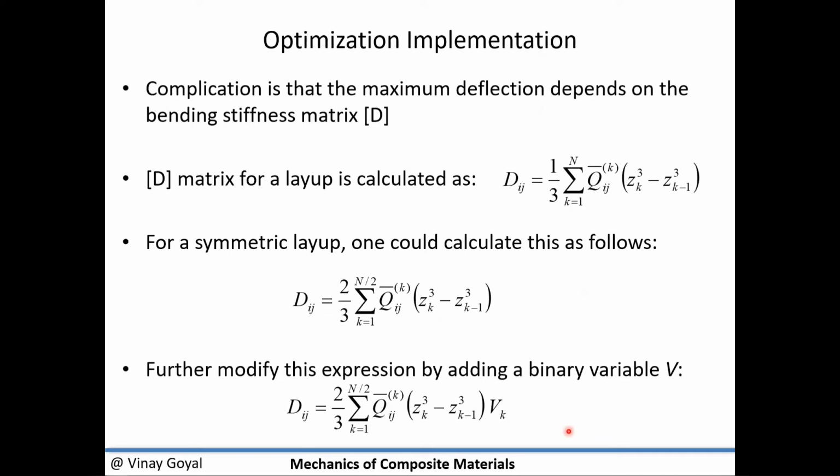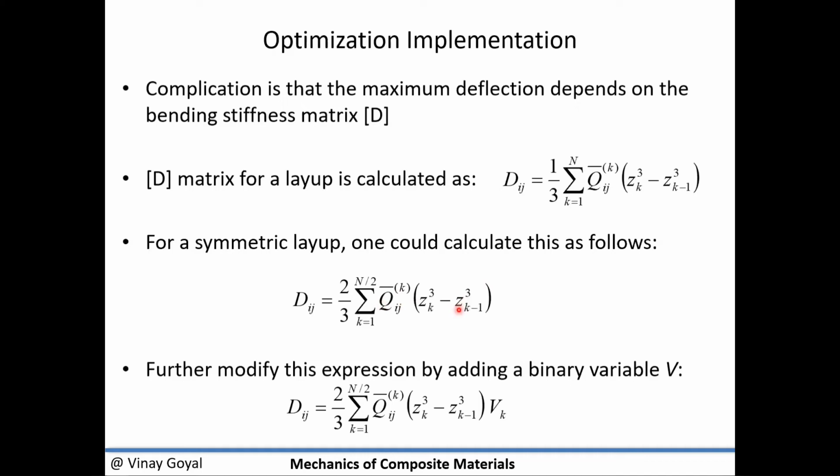The complication here, if you want to implement something like this for this particular situation, is that the maximum deflection depends on the bending stiffness matrix. But the bending stiffness matrix depends on the location Z, and is cubed also. So for a symmetric laminate, I could just look at half of the plies, so that's N half right there, and I've simplified it a little bit, but it makes it a little bit difficult because I cannot have empty plies in between.